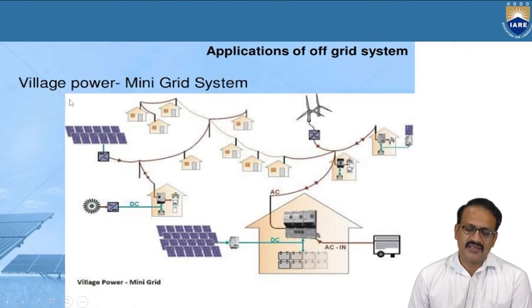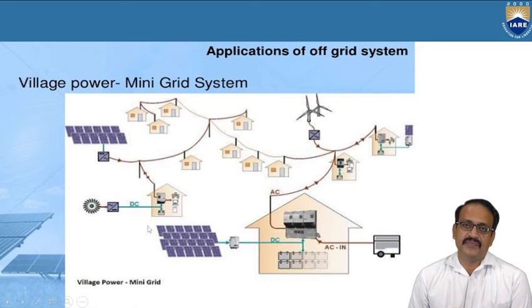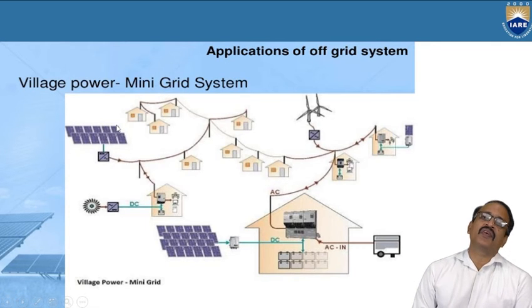So this is a mini grid. If you are supplying a village, generally we call it a mini grid. You can observe here are the panels. We have the inverter to convert that DC power.